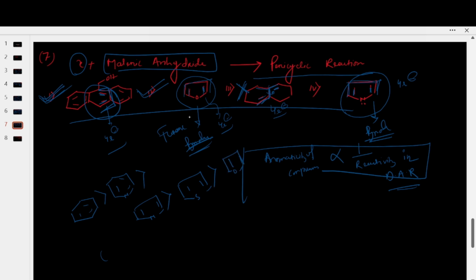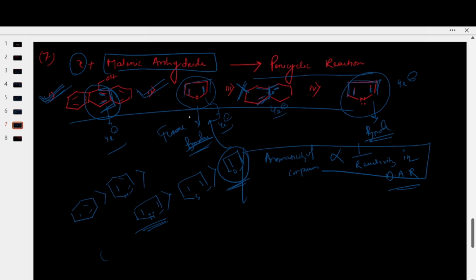This is the least aromatic, so it takes part in a Diels-Alder reaction in this state only. If you want to make the pyrrole active towards a Diels-Alder reaction, what do we have to do? We have to reduce the electron density over the nitrogen. Then it becomes less aromatic and can take part in the Diels-Alder reaction.